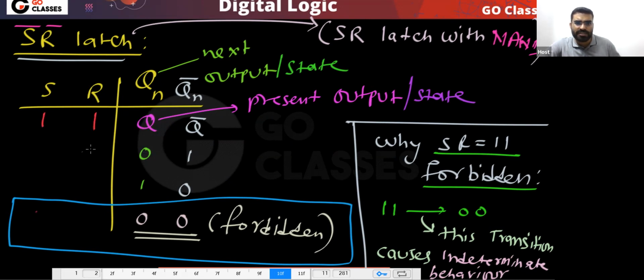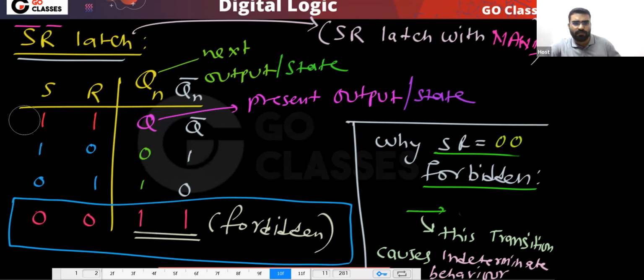If you want to reset, this will be the reset condition. If you want to set, this will be the set condition. But when both are 0 0, they both will become 1 1, and this is forbidden. Why is this forbidden? It is forbidden because of the transition from 0 0 to 1 1.